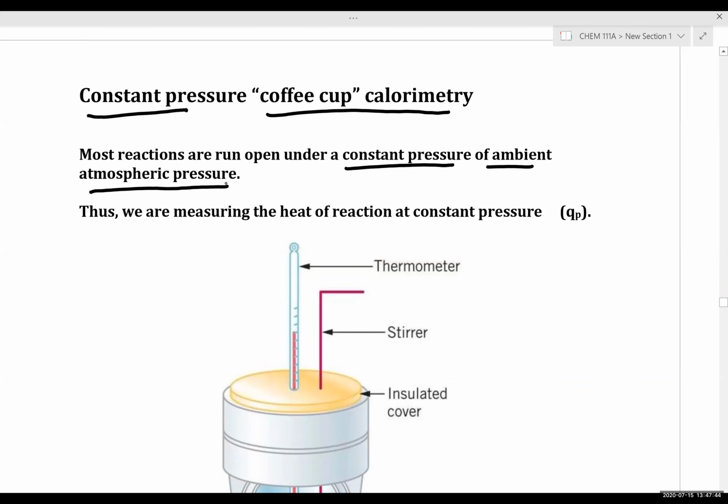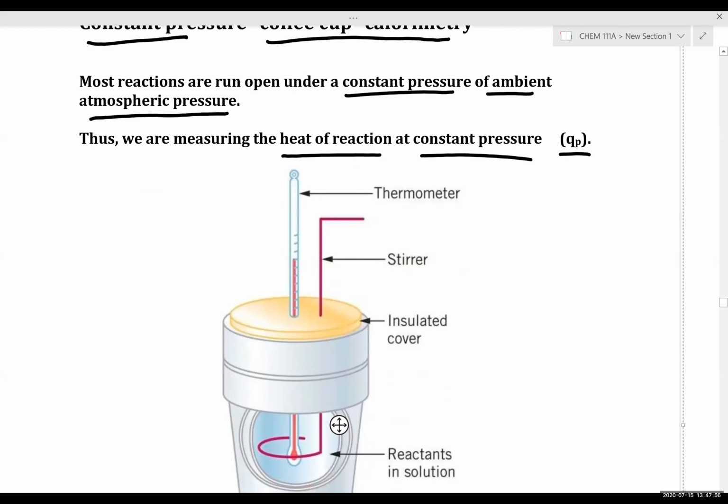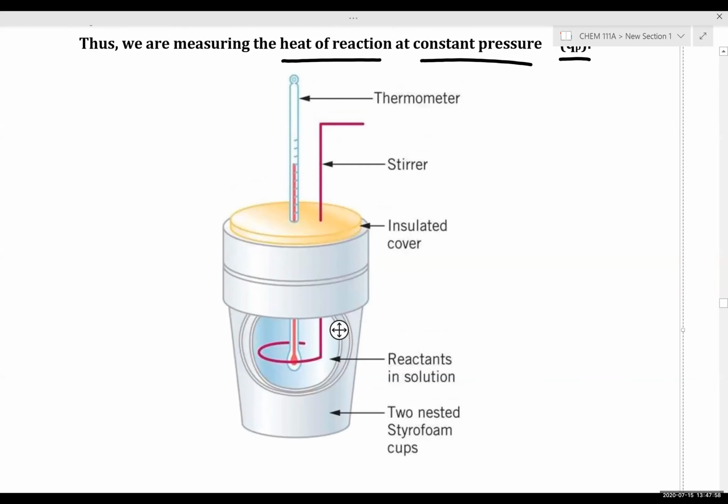Thus, when we measure the heat exchanged by a reaction, under most conditions, we are measuring the heat of reaction at constant pressure. So here's a typical coffee cup calorimeter setup. We've actually used a coffee cup calorimeter before in the laboratory that we performed yesterday.